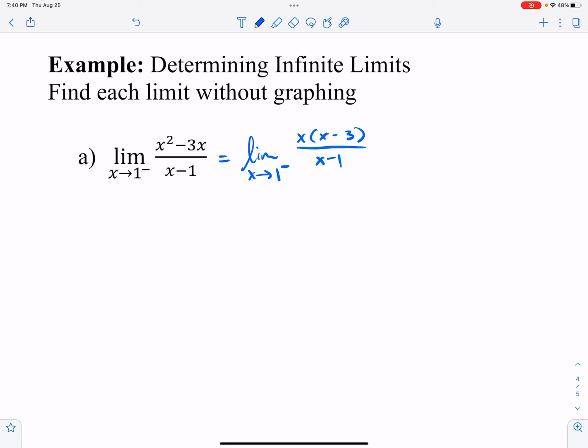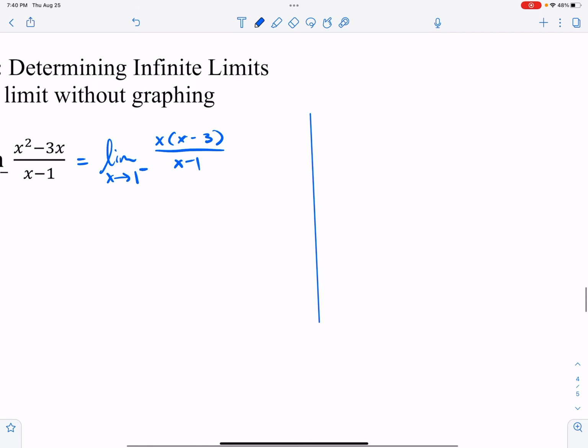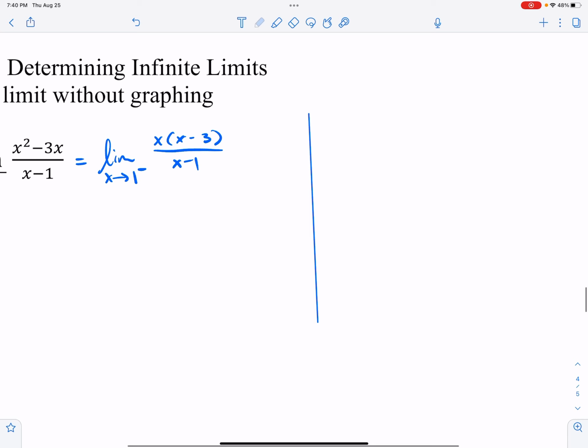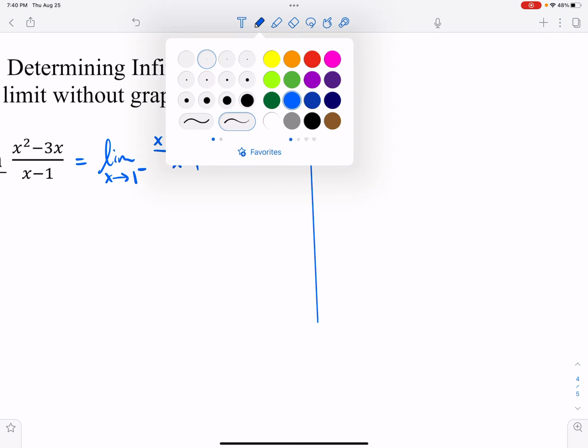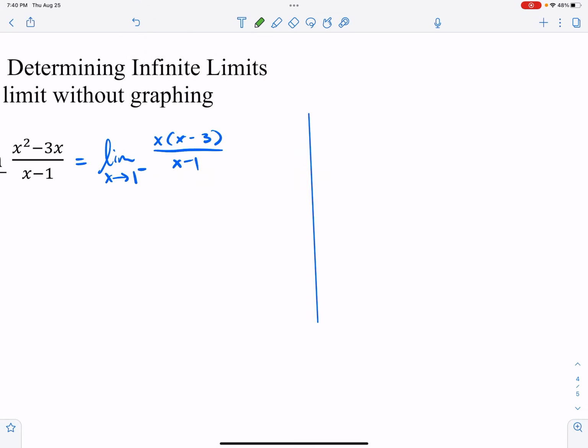And then I would do some side work and do the test value directly to the left of 1. So you could use 0.999, you could use 0.99. There's a value directly to the left of 1, and we want to see whether it's positive or negative to determine whether we can say this limit is equal to positive or negative infinity. We know it's one or the other.